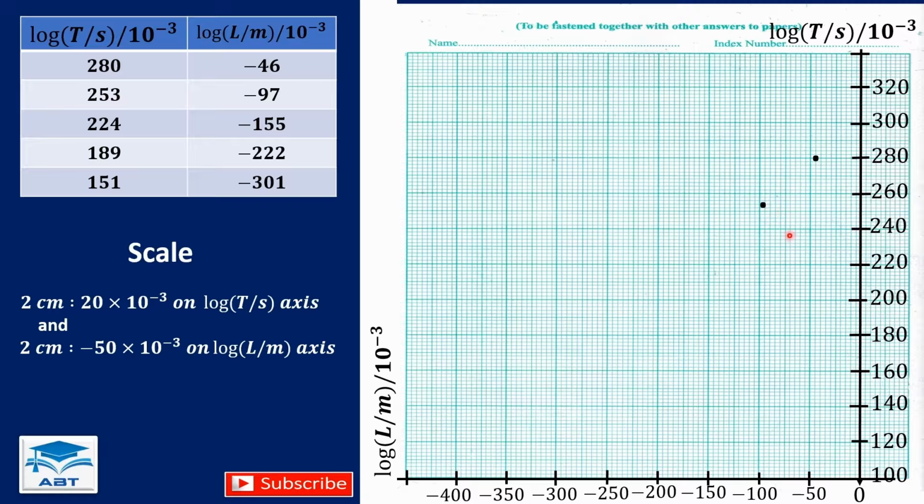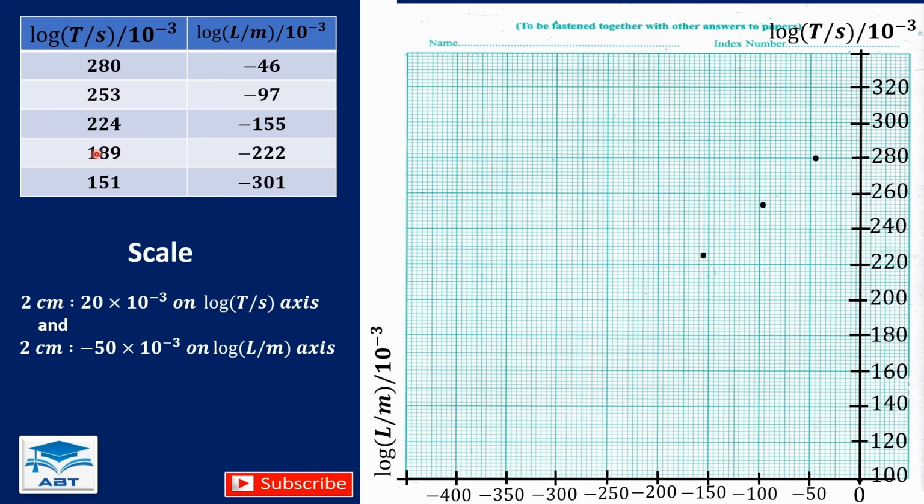The next one, we have 224. This is 220, 2 more boxes for the 4. So 222, 224. And negative 155. This is negative 150. So one more box will be negative 155. So the point will be here.